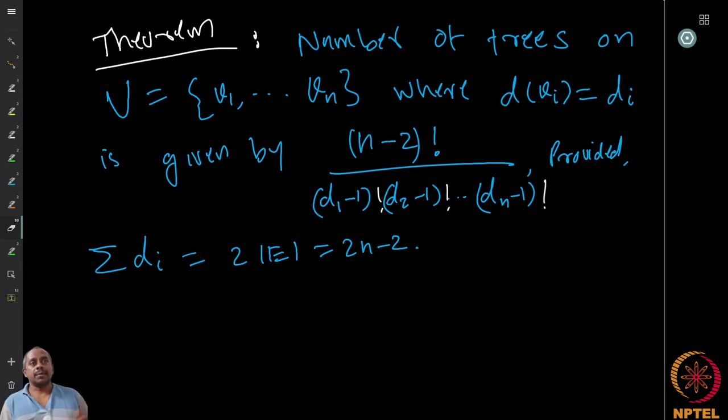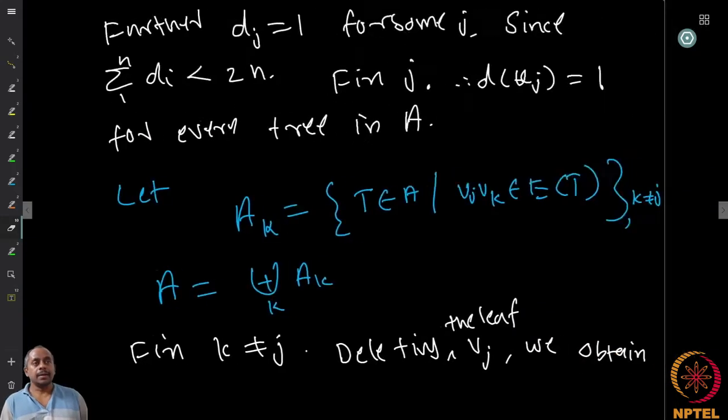If every vertex has degree at least 2 and there are n vertices, the total degree will be more than 2n. So since di is non-zero, it must be equal to 1 for some vertex. So let us say dj is the one whose degree is 1. Let us fix this particular vertex vj whose degree is going to be 1.